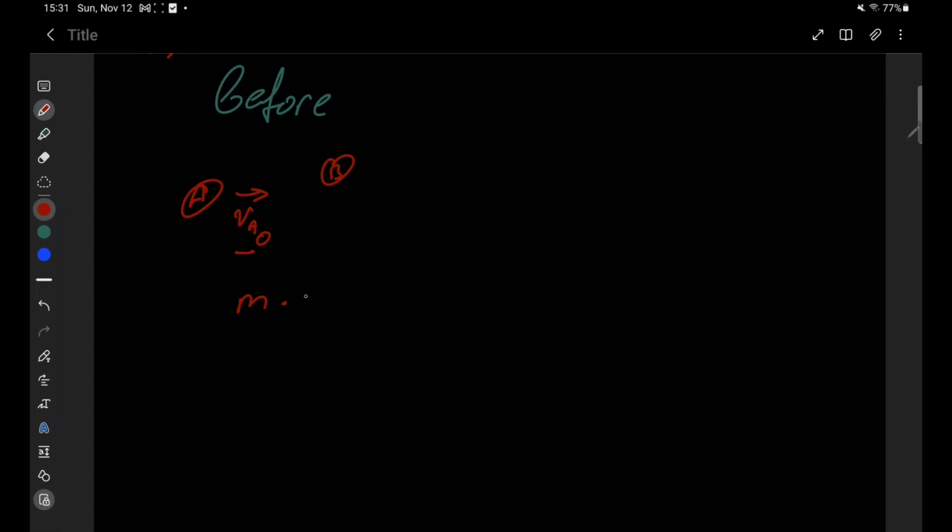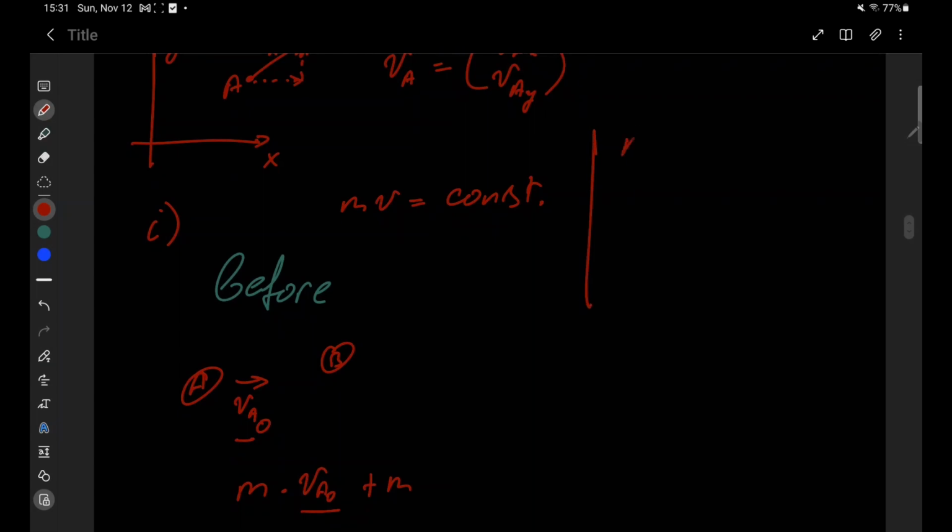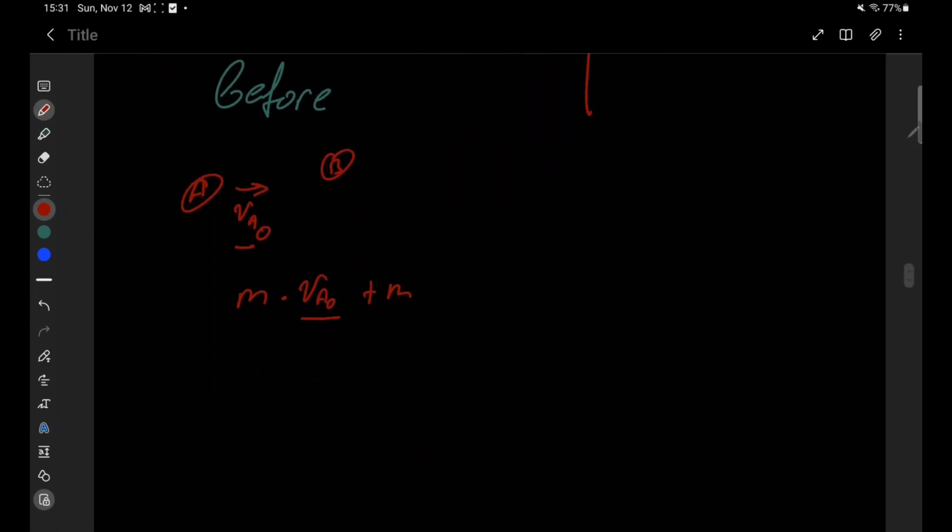M times VA0, still a vector, very important, plus M, oh, by the way, it doesn't say it in the question, but I read it in the comments, masses of A and B are the same. So MA is MB, which is equal to M, and very soon we'll get rid of those masses. Well, this is M times velocity of B, which is 0. So this entire part is 0. Meaning on the left side, we only have M times the initial velocity of the coin A.